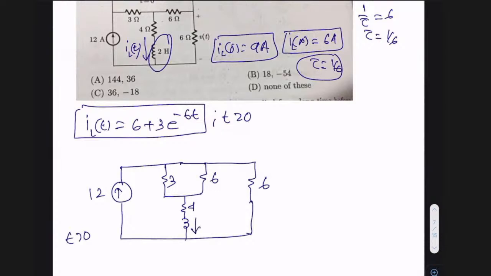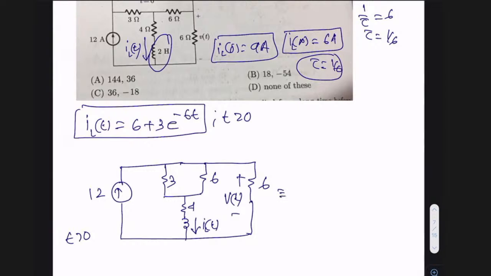And in this, we know this current ILT, which we obtained. We need this voltage, which is VT. So what is the logic in this case?